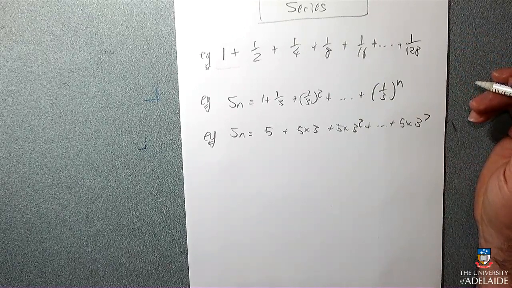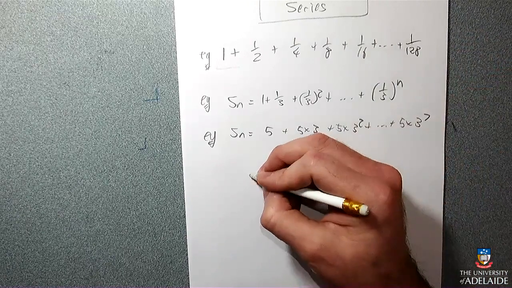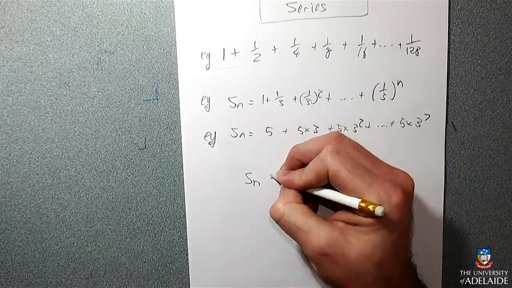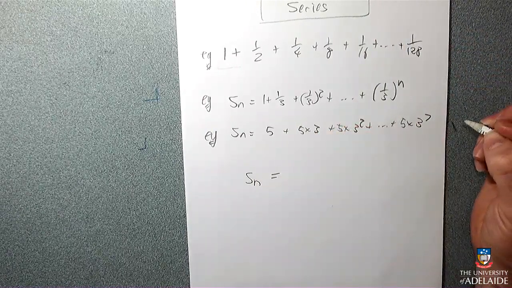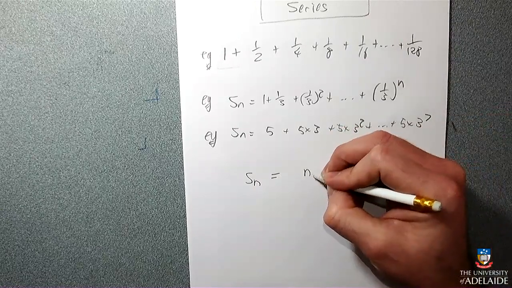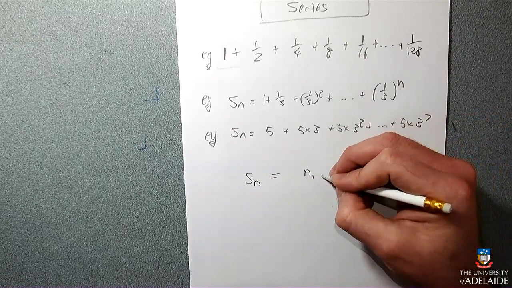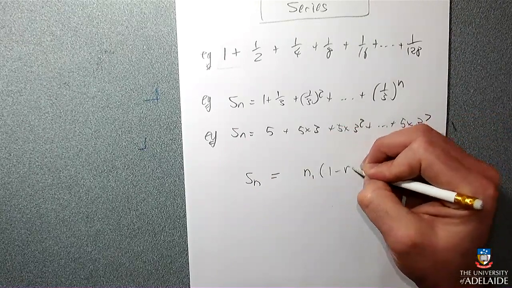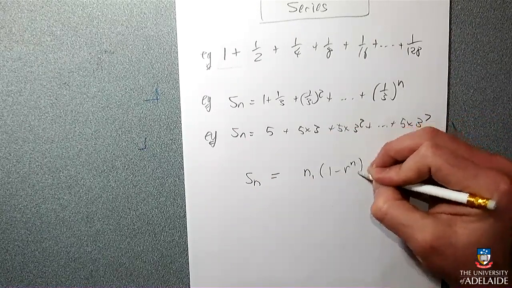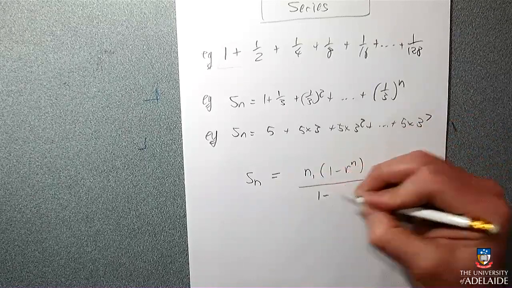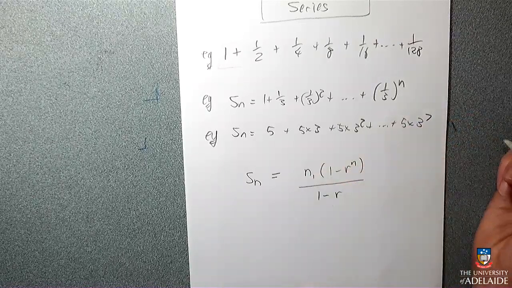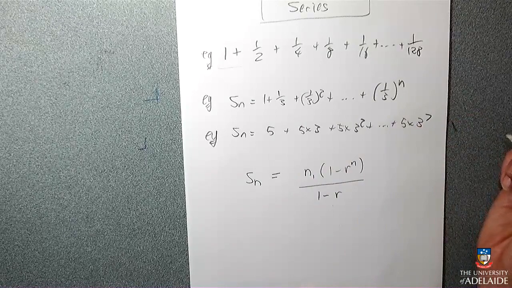I think the formula that you would have would go like S_n is equal to n1, and then multiplied by 1 minus r to the power n, divided by 1 minus r. No, not the whole thing divided, so just the 1 minus r^n.